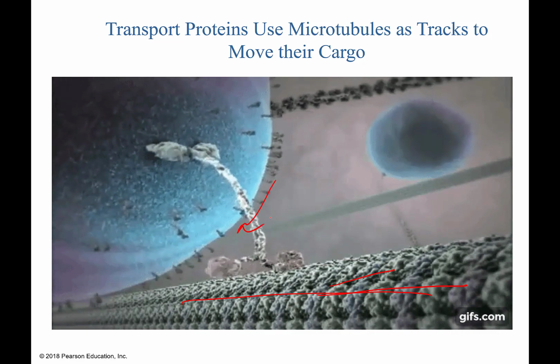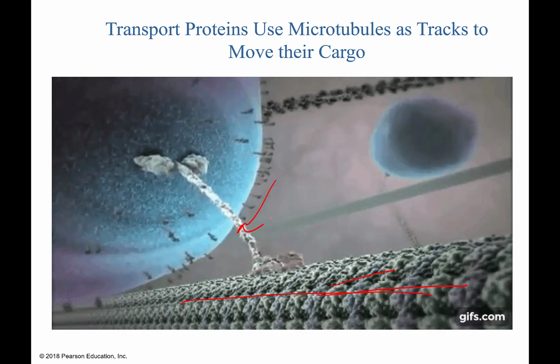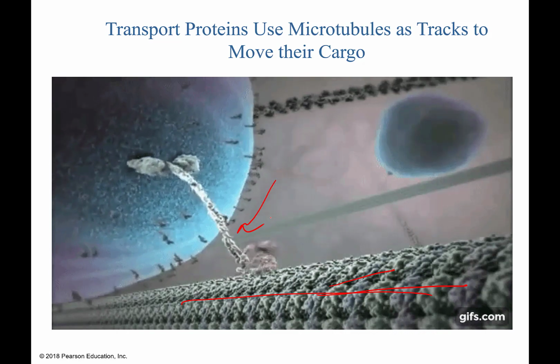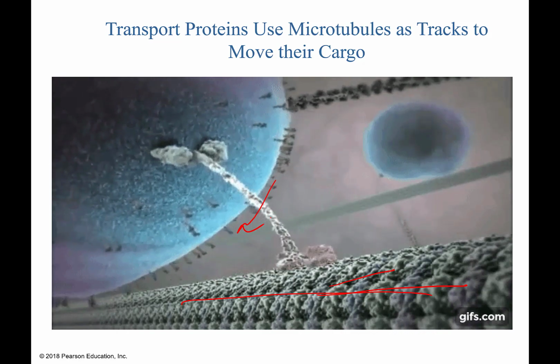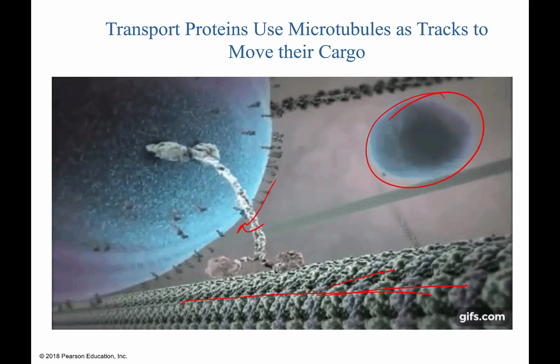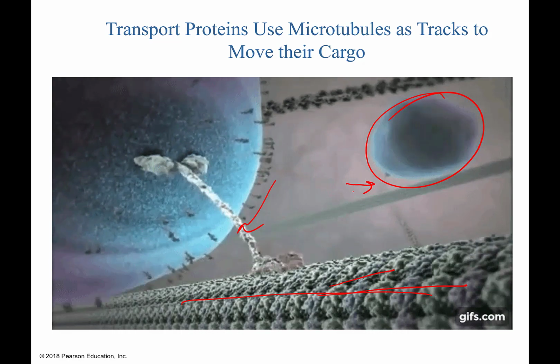And this guy right here, that is a transport protein. And what he's carrying is a vesicle. Inside of that could be proteins. And he's just basically carrying these to the next destination. You can also see another vesicle hanging around. And look, there's another guy carrying that vesicle.